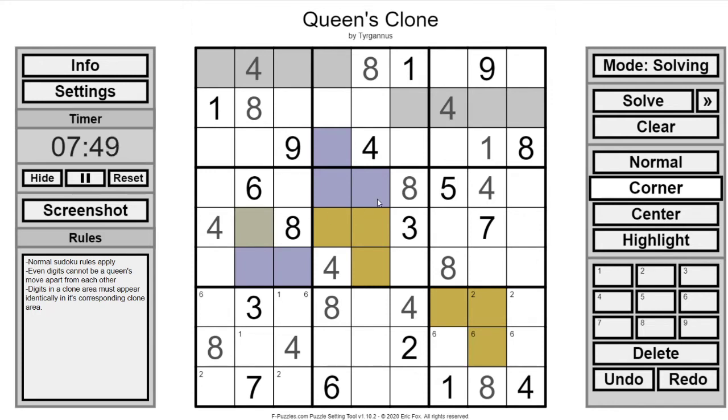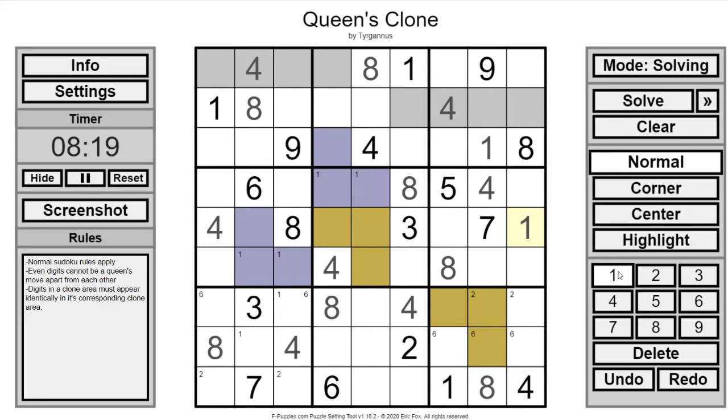There has to be a 1 somewhere in these spaces, and if you see this 1, fills out all that. So there's a 1 in one of these, which means that there must be a 1 in one of these. Which means this must be a 1. That's a very interesting solve path.